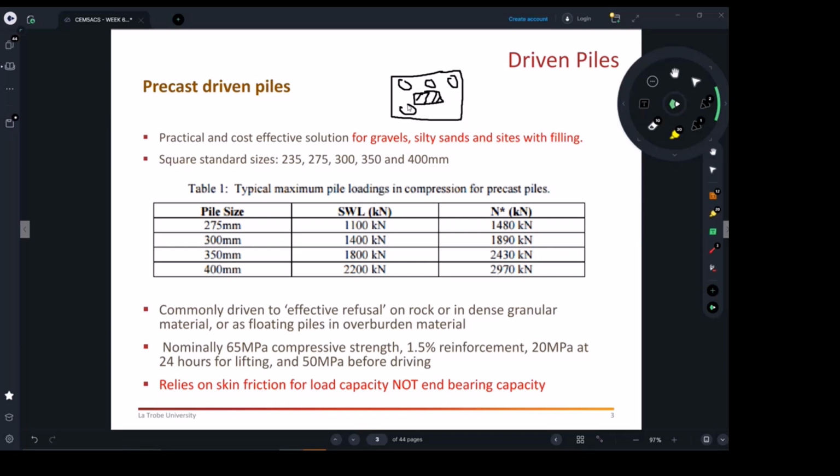So again, we use those driven piles not as a retention system. I just want you to understand what we're talking about. Driven piles are used to take vertical loads, and I will show you some of those examples maybe during the workshop. So in an elevation, this is your pile cap.